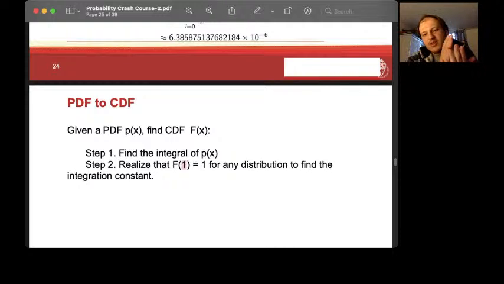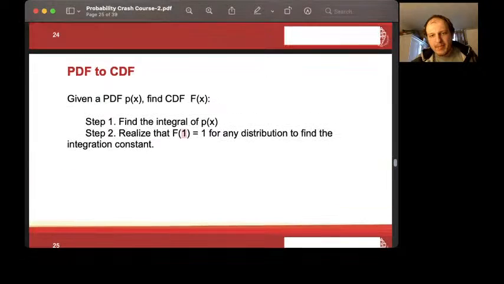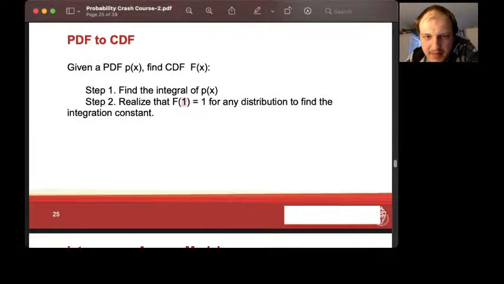So this must be equal to 1, and you can use that to find the constant that you have from integration. I think here most of you also got that correct.